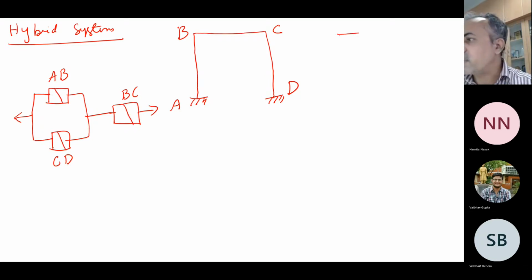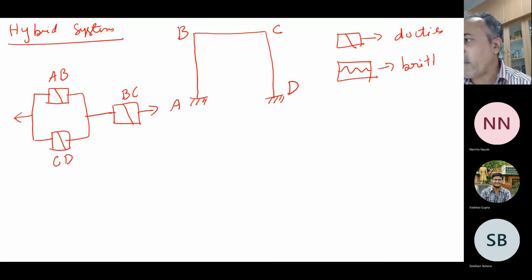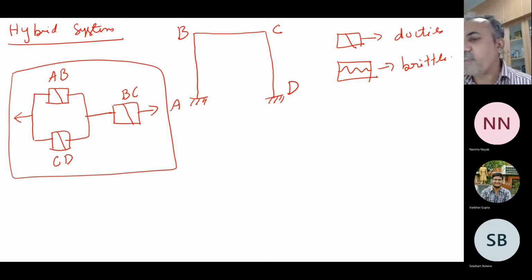This symbol, in some textbooks, indicates ductile elements. If it is a brittle element, they use some other symbol. Like if you have an RCC concrete beam, they indicate it like this. So this is how we represent it: two columns in parallel, and the beam, and this entire combination is in series.